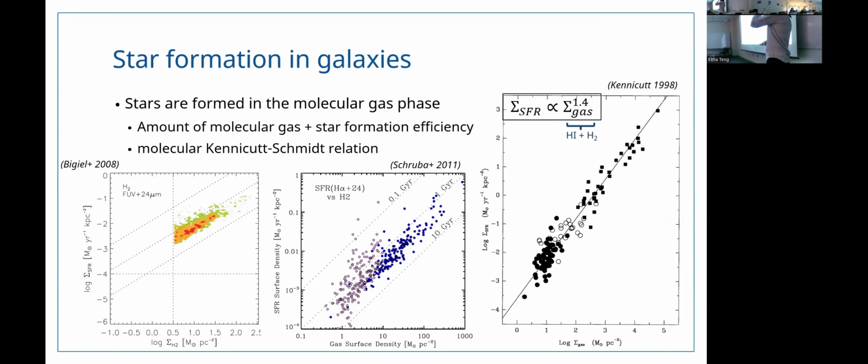And so this relation has laid an important foundation for many extragalactic star formation studies, because you can imagine that these roughly constant slopes are basically suggesting that star formation efficiency seems to be constant throughout different regions or different galaxies.